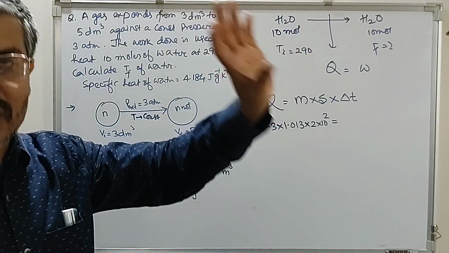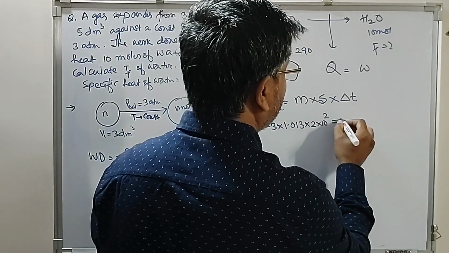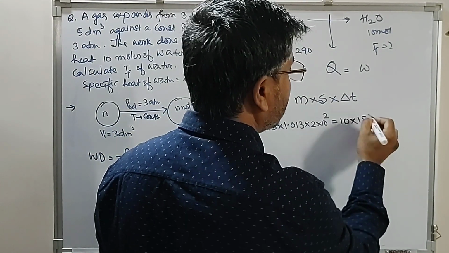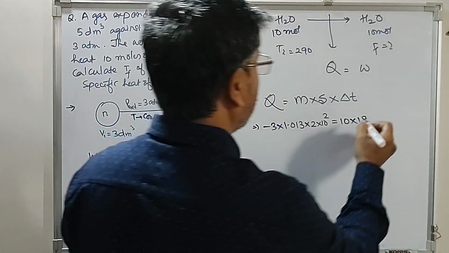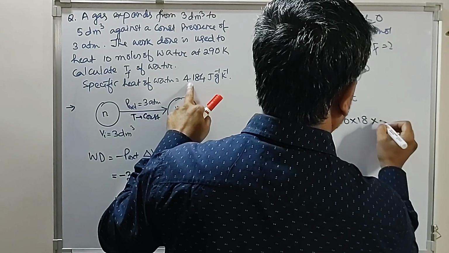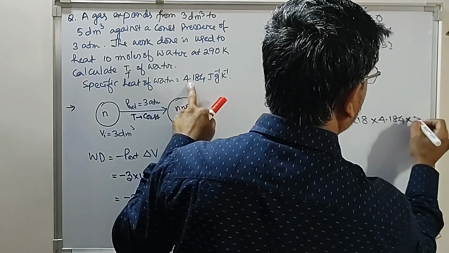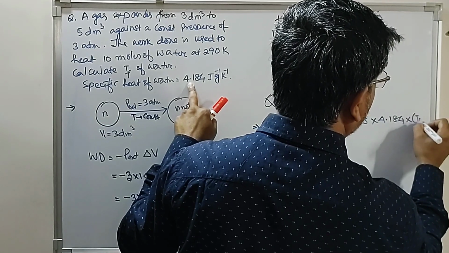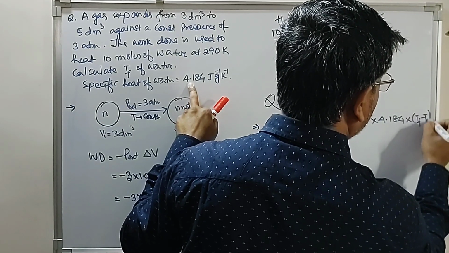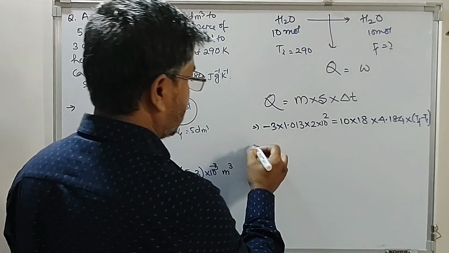The mass of 1 mole of water is 18, so the mass of 10 mole is 10 into 18 gram per mole, into S, which is 4.184, into final minus initial temperature.